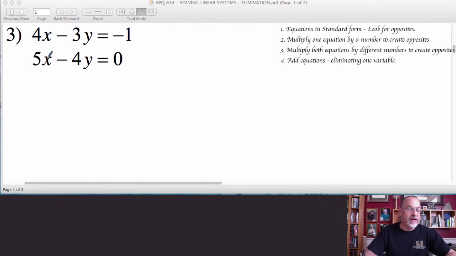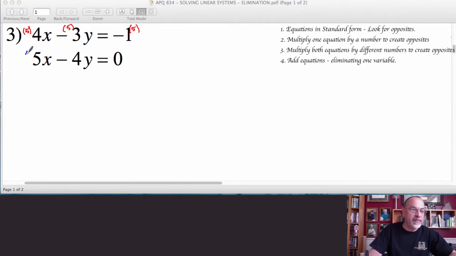Because both the x's are positive, I think I'll just go with those first, but again, it doesn't matter whether you choose to eliminate the x's or the y's. So I'm going to multiply this top equation by the coefficient of this other equation, 5, so that's going to be a 5 here on all of these. And then I'm going to multiply this second equation by the coefficient 4.